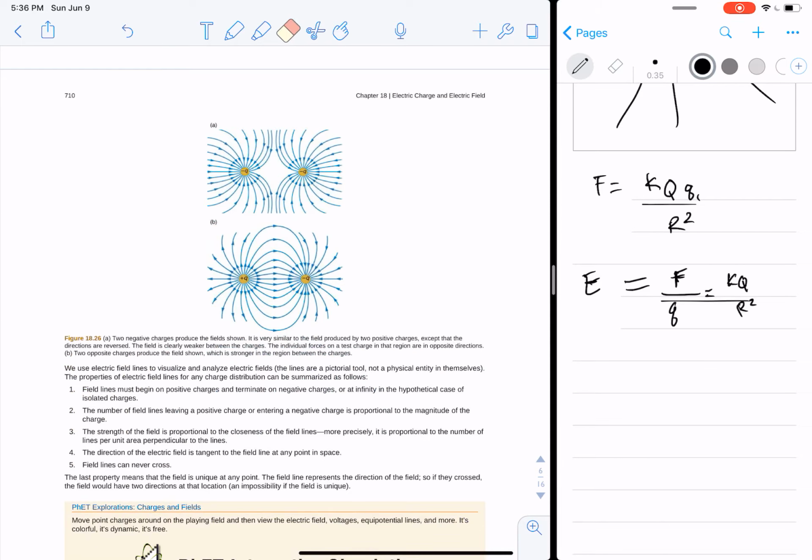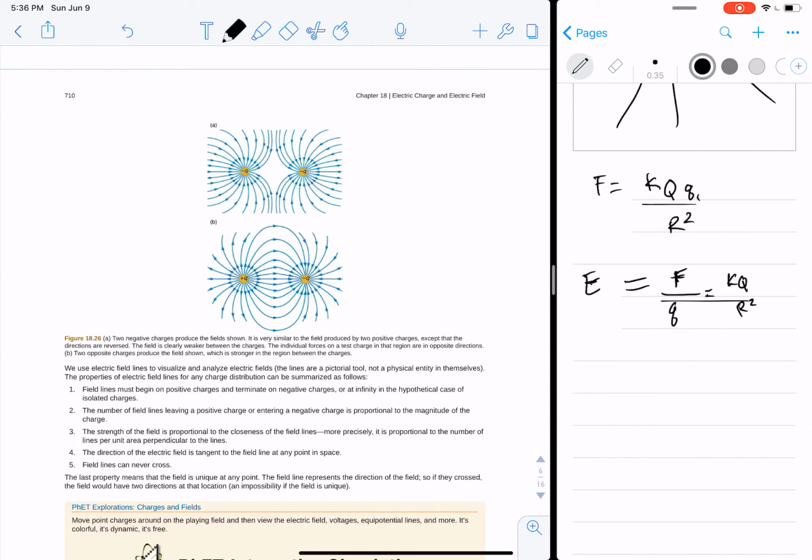Okay, and then we've got a couple of really cool pictures here. Same type of graph for negative charges like we just looked at. Notice the arrows are sinking towards the minus sign. They're not leaving it, like if we go to the positive charges up here, where the arrows are pointing away from the sources. And then if we put a positive and a negative charge here, they will source from the positive charge and sink to the negative charge.